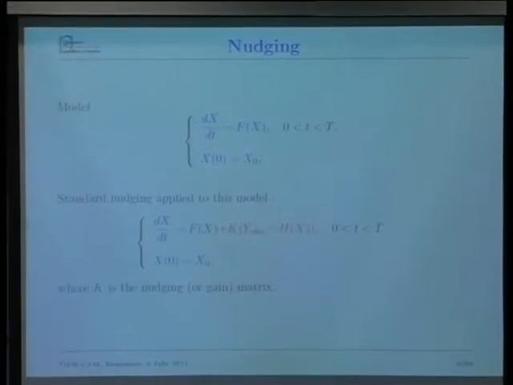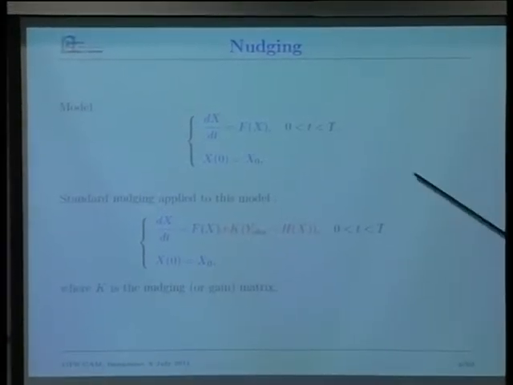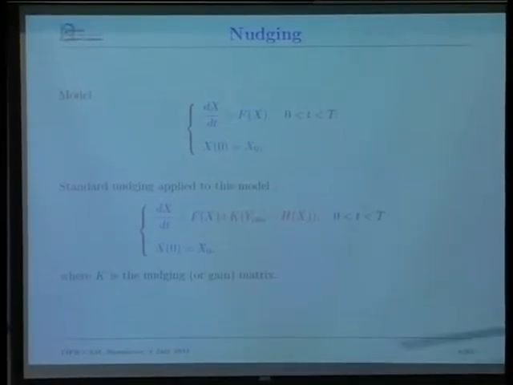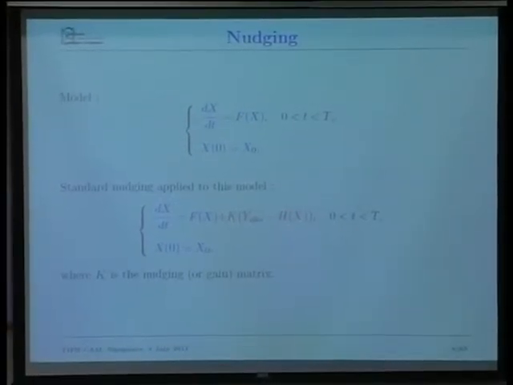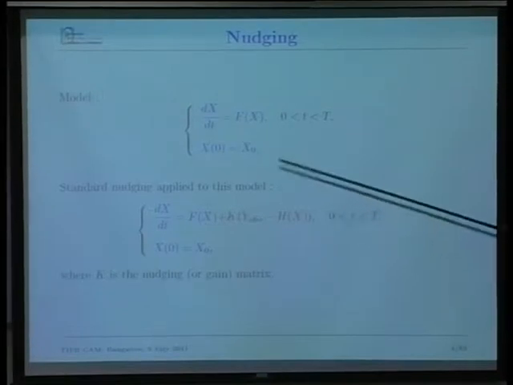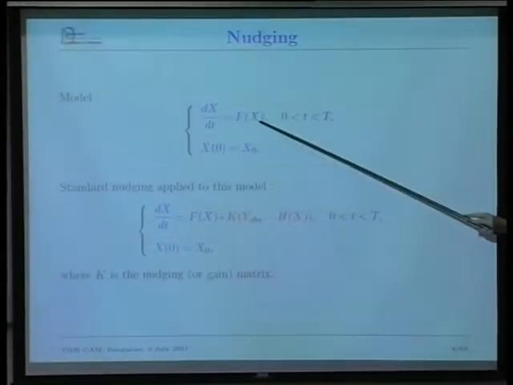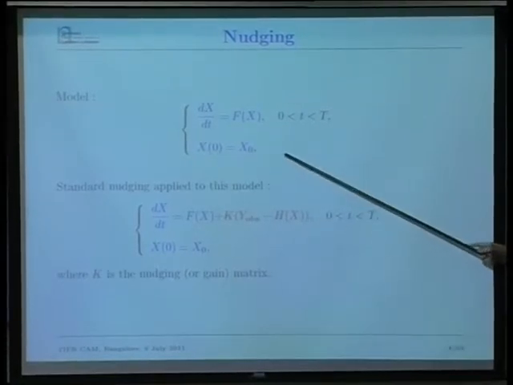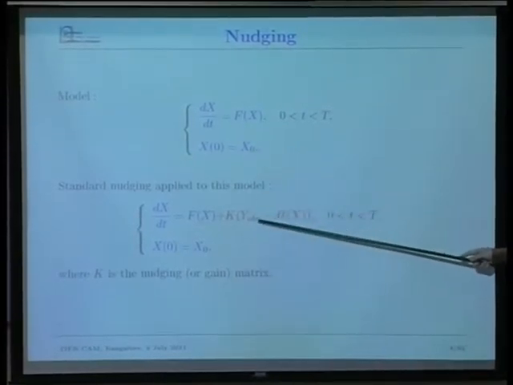Just one slide to remember the standard nudging. The model equation is simply dx over dt equal f of x. So it can be almost anything. Here it could be a partial derivative, and here you have the spatial operators with some initial condition.